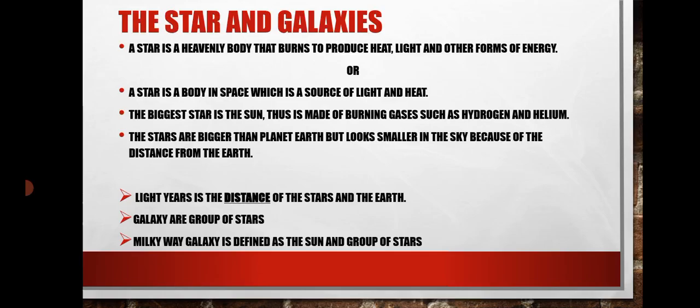Now, what is a galaxy? A galaxy is a group of stars. The Milky Way galaxy is defined as the sun and a group of stars. So if you are asked why the stars look smaller in the skies, you tell us it's because of the distance between the stars and the Earth.